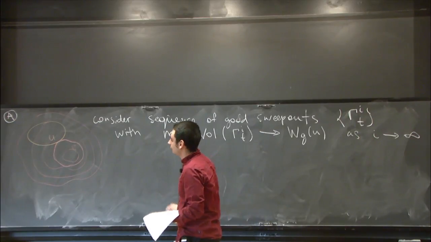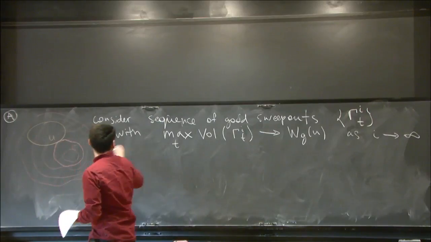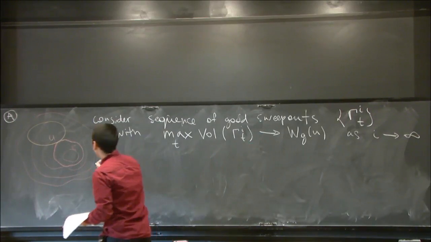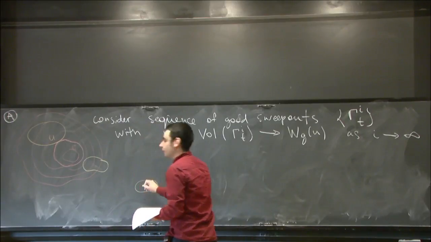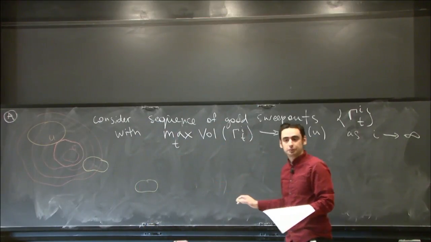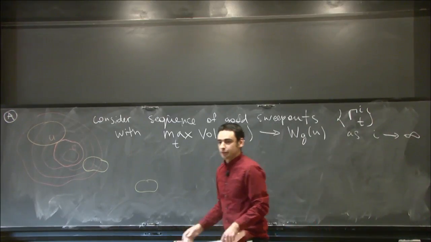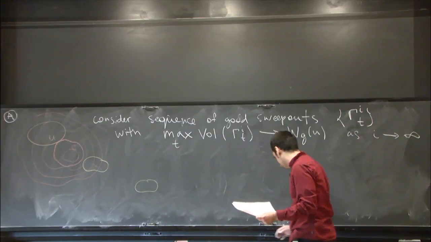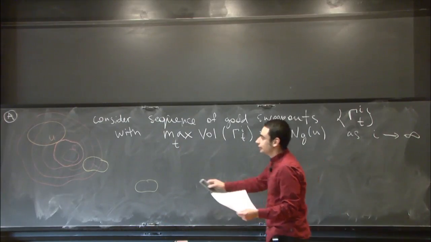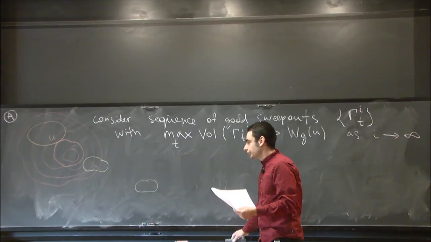And then for some later family, which is even closer to the min-max value, maybe it will be somewhere there, and maybe it completely escapes into the end. So it does converge to a minimal hypersurface, but that minimal hypersurface happens to be empty, happens to have zero volume.